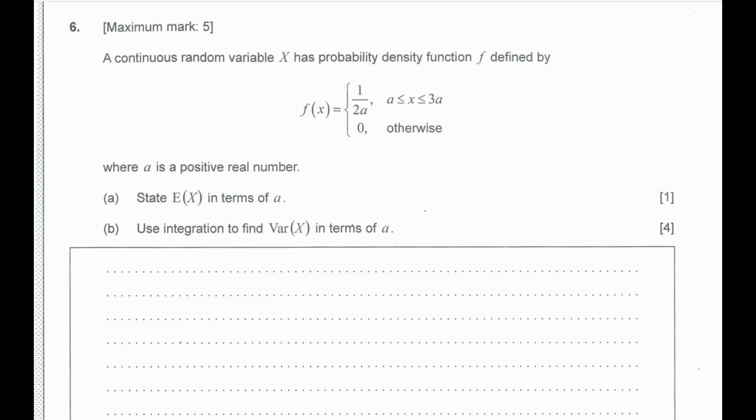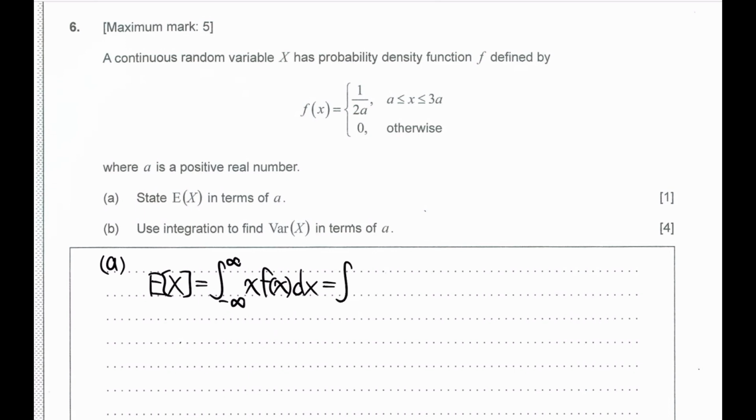In part A, we want to state the expectation of x in terms of a. So, by definition, the expectation of x is equal to the integral from negative infinity to positive infinity of f of x times x dx. So we can decompose this integral into three parts.